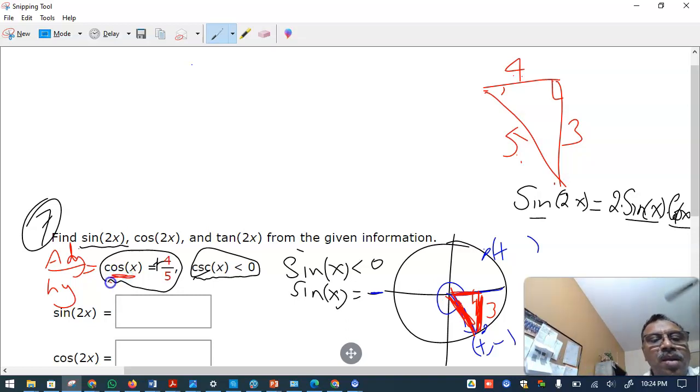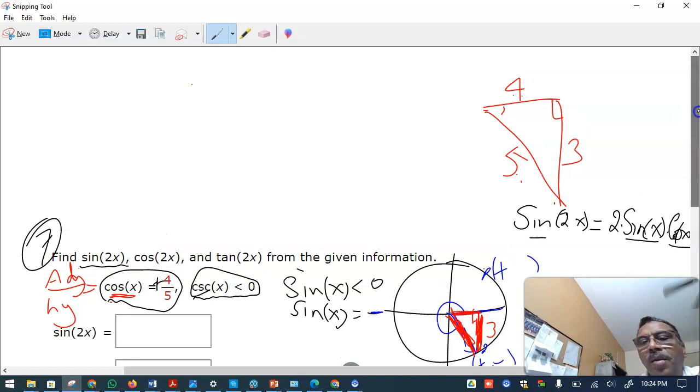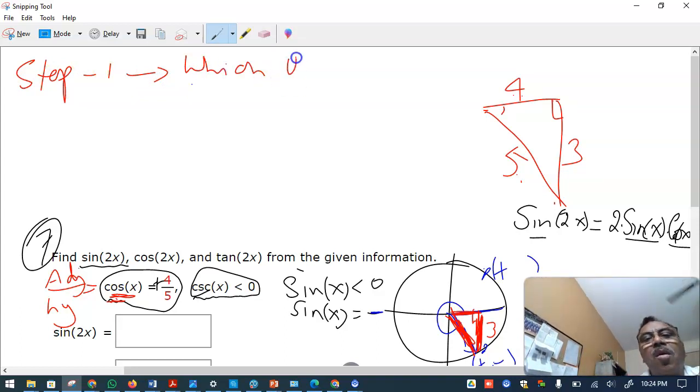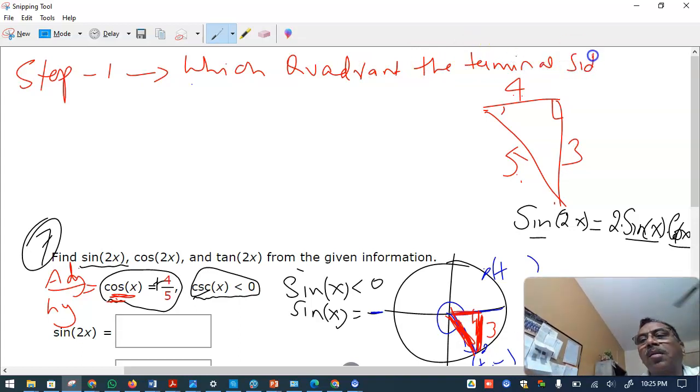So they gave us cosine x. The first step is to find which quadrant the terminal side lies in.